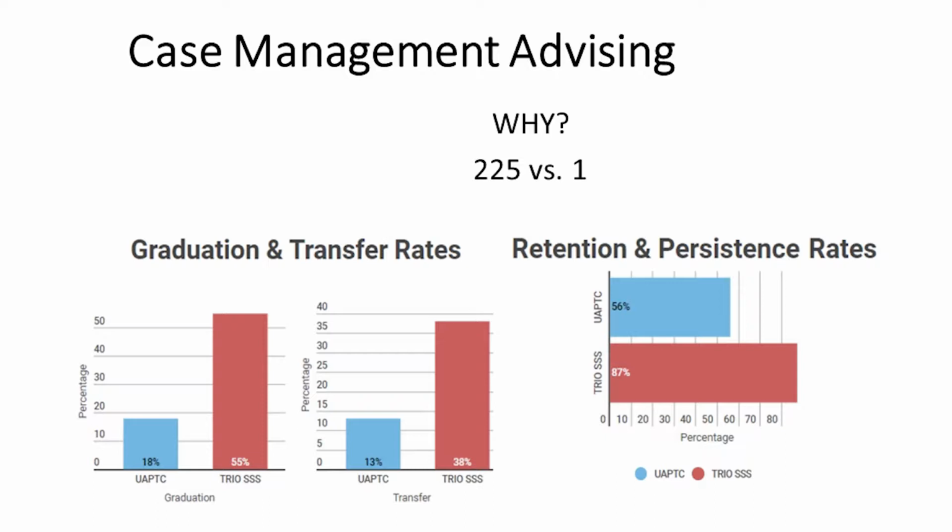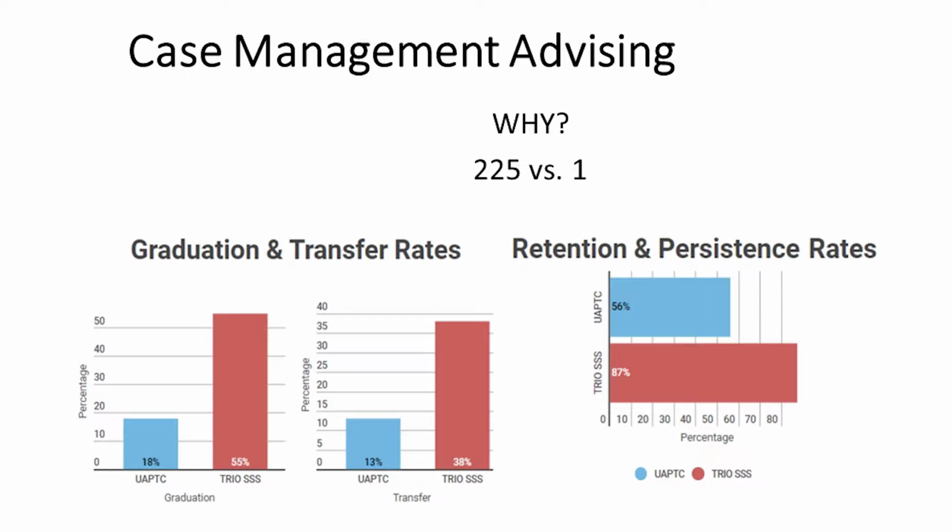And one of the things that's been constantly focused on in our comprehensive reviews that we've received in the past from HLC, and if you remember earlier, we talked about improvement of student outcomes. These are those student outcomes. So if you look at this TRIO information, TRIO has an 87% persistence rate because those students, when they have a problem, they know who they can go to.